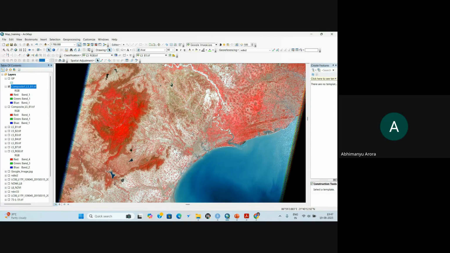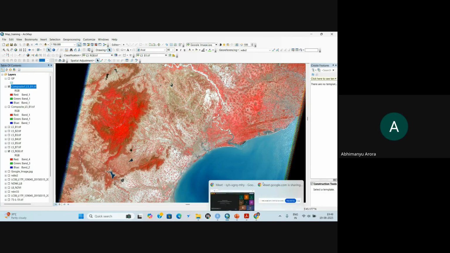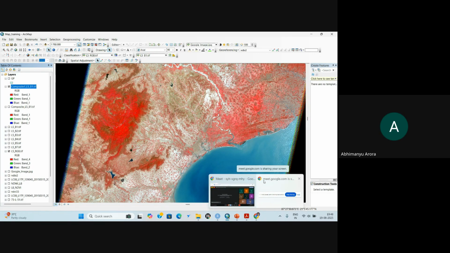And this exactly same thing we did in R, right? Yes. The L5 RGB is created by R with stretch equal to linear, and this composite is created in the software. When we did stretch equal to linear, what exactly were we doing in R?